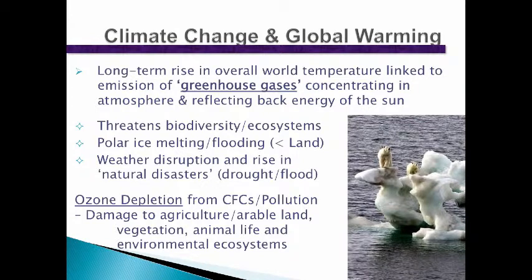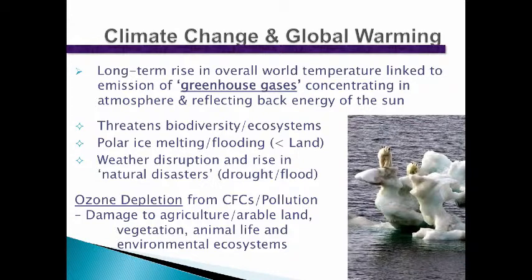But we are also seeing a lot of threats, not just to plant and animal species, but also to human beings as well. As a result of increasing global temperatures and polar ice melting, we're also seeing, and projecting to see, rising sea levels. This can lead to widespread flooding, particularly on low lying coastal areas, or potentially have the long term threat of maybe even wiping out some smaller island nations that are at low sea levels.